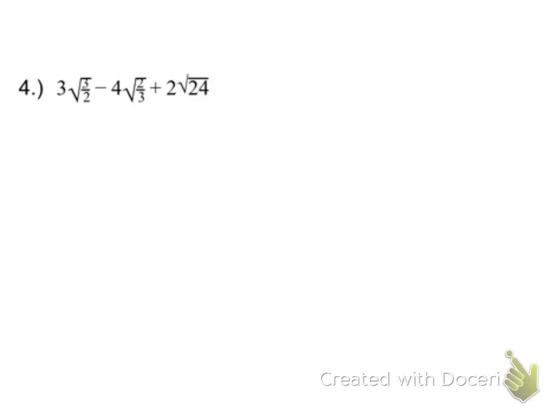We're going to take everything one step at a time. We're going to do one thing to each one of these parts at a time. So as I just had up there, if I have a square root of a fraction, I can square root the top and the bottom. Now, let's think.